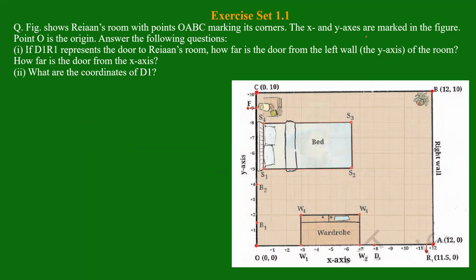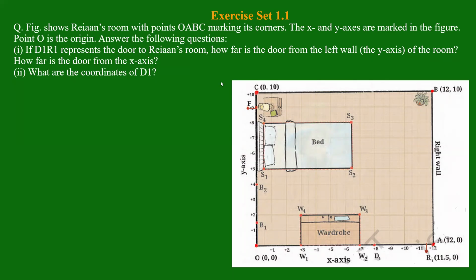X and Y axes are marked in the figure. So the horizontal is the X and the vertical is the Y. Where they intersect is marked as the origin. So here this point O is the origin. You have to see that diagram properly so that you can understand easily.